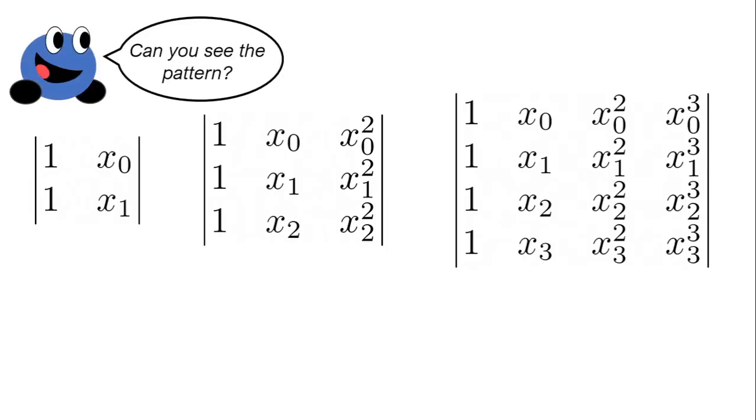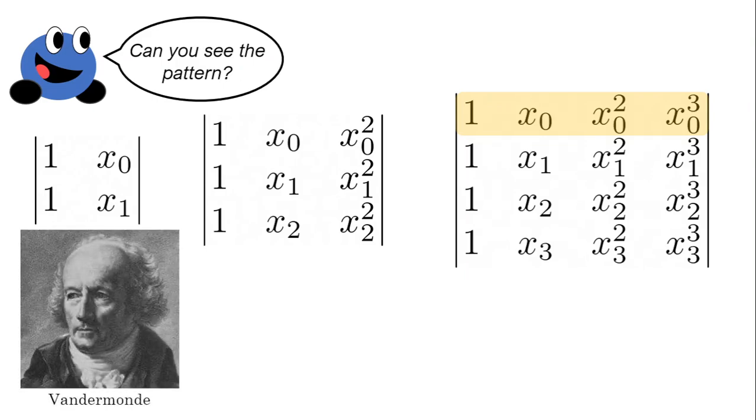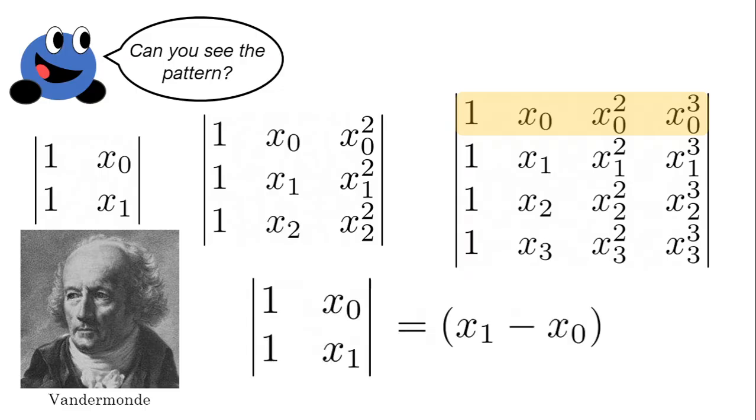Yes, exactly. Each row is built from powers of the x coordinates. These kinds of matrices are called Vandermonde matrices. And the nice thing about them is that their determinant has a very clean formula. Let's see why. For the smaller matrix, the determinant is simply x1 minus x0.